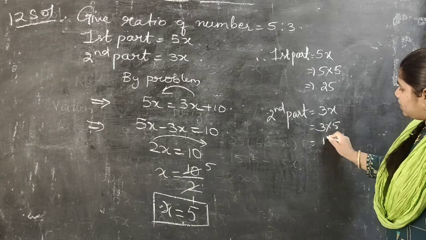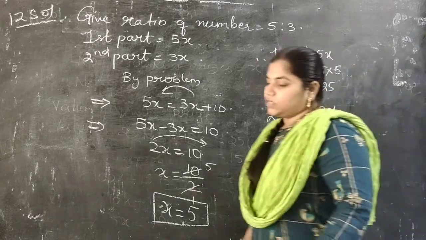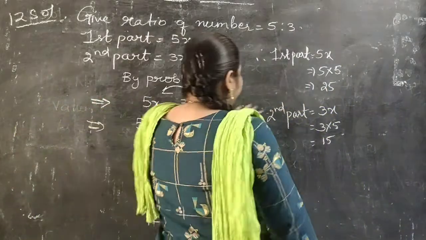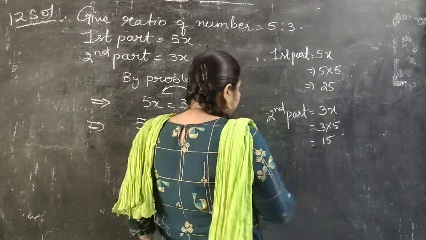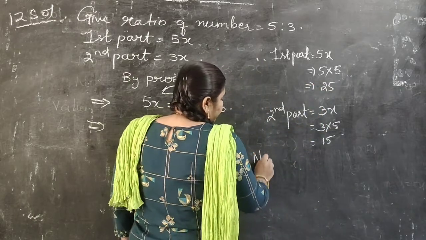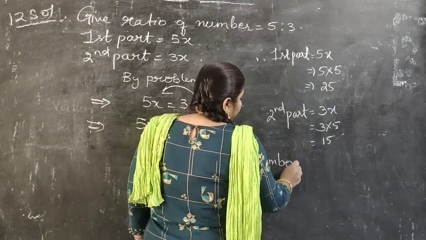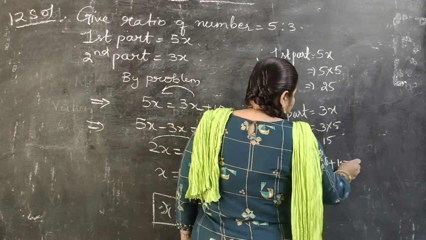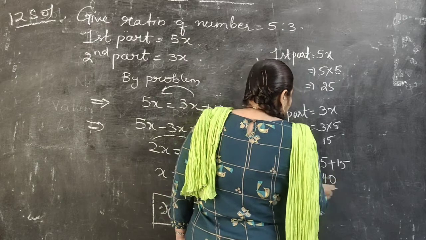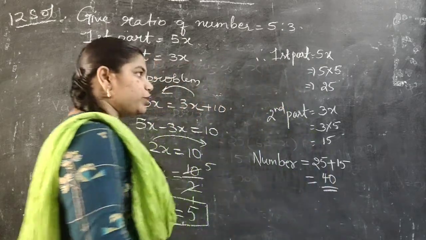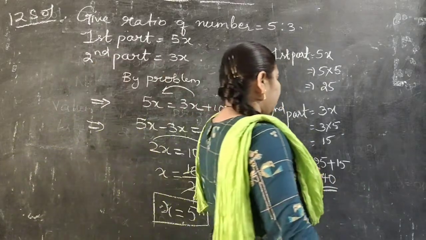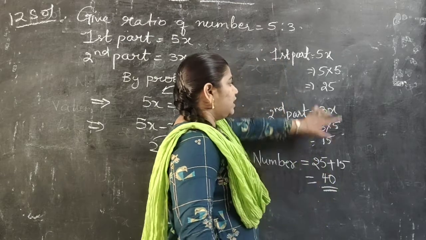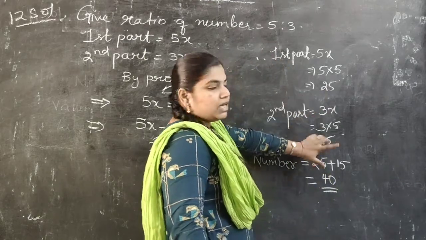So 3 5s are 15. And they asked to find the number also. So if you add these two values, you will get the original number. So the number is equal to 25 plus 15. That will be equal to 40. The given number is 40. That 40 they have divided into two parts, that is, one is 25, the other is 15.